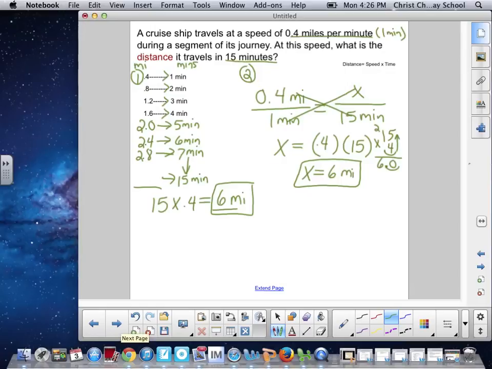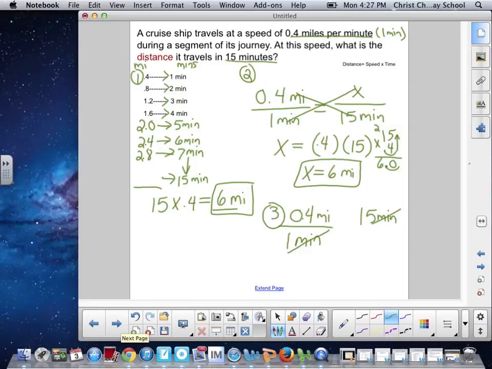There's actually even one more way you could have figured this one out. It's very similar to the proportion way. Again, you put 0.4 miles over 1 minute, and you put the 15 minutes up here, because you can cancel your minutes out.